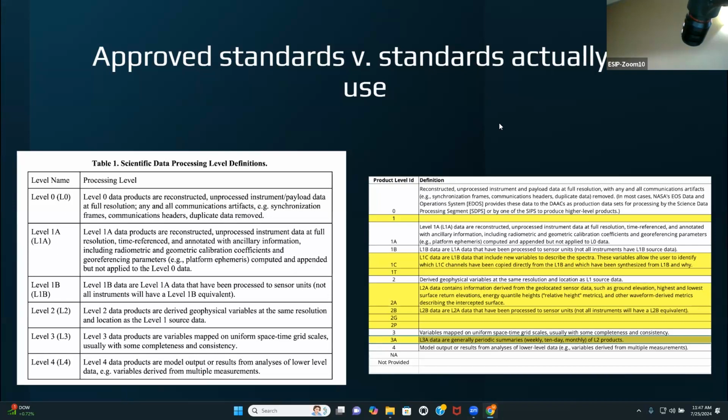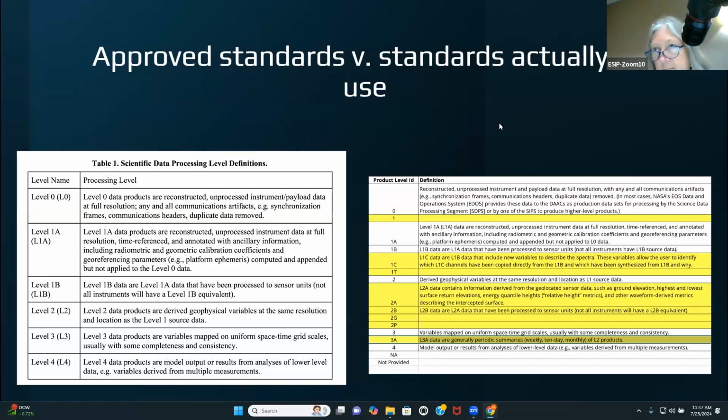And level 2 corresponds to level 1B, but it is the science parameters: reflectance, corrected reflectance, temperature. They are all geophysical parameters derived from level 1B, and they are still the same instrument track data.